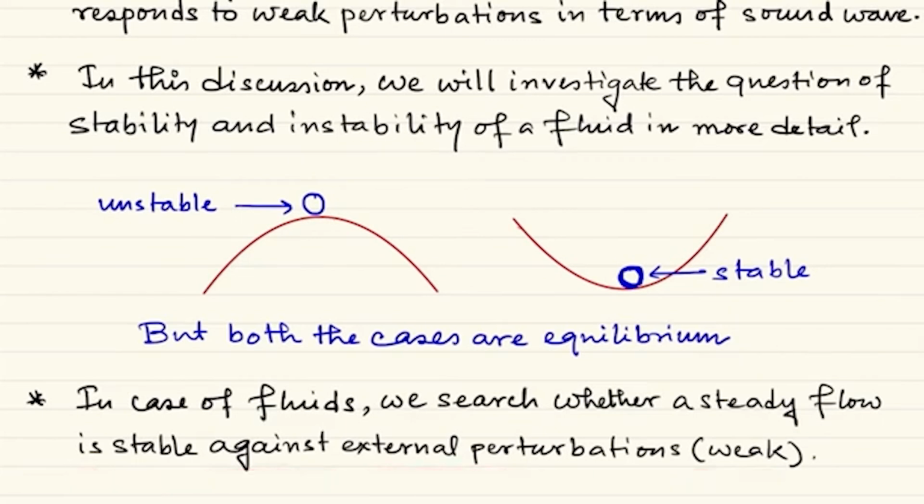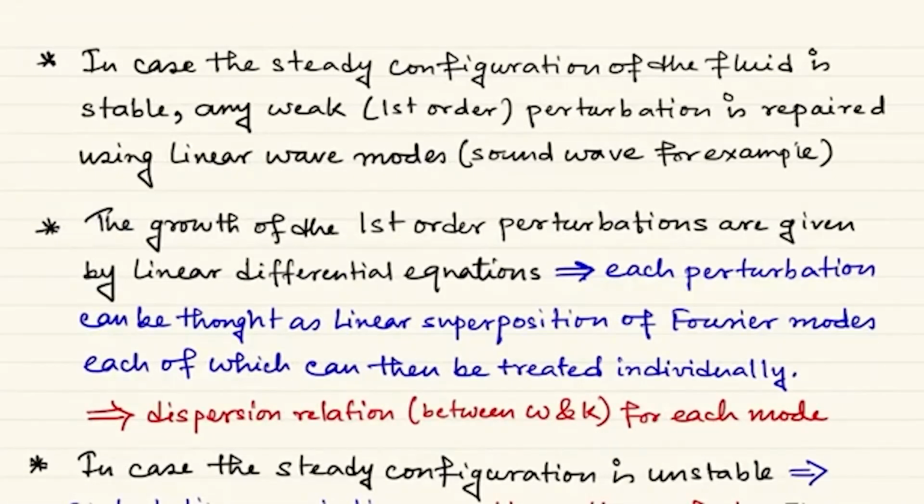Of course, the external perturbations must be weak, otherwise we cannot do linear analytical theory. For a fluid we say the configuration is steady or unsteady. If the configuration is non-steady, then there is no question of perturbing it and searching for unstable or stable equilibrium.